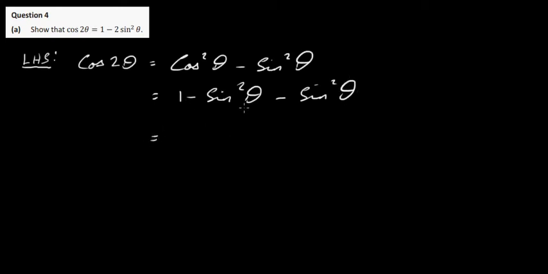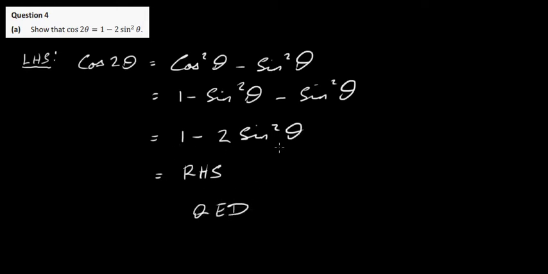So we have 1 minus sine squared, so that's going to be 1 minus 2 of these sine squared thetas, and that's equal to the right hand side. So that's it, that's done, if you like. So 1 minus 2 sine squared theta, we can see that's what we have here on the right hand side, 1 minus 2 sine squared theta. Okay, so that's part A finished.